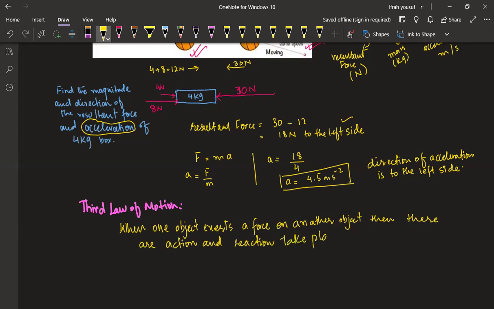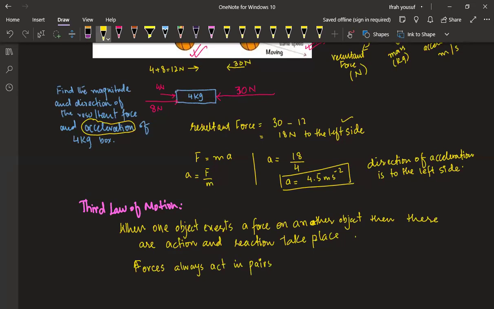What does this mean? If one object is exerting a force on another object, the second object will also exert a force, as a reaction to that action. So what we can say is that forces always act in pairs.